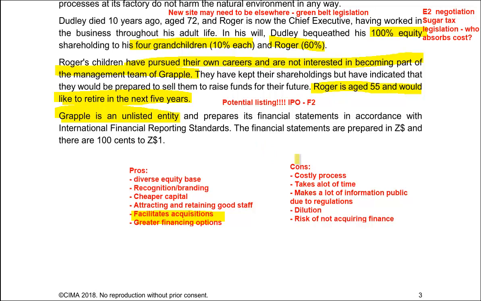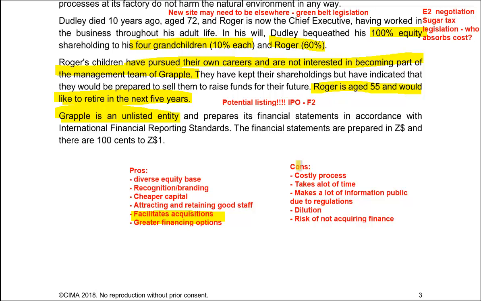It's a costly process, so they'll need some money in the bank to adhere to all the regulations and the costs of legal fees, and maybe some outside accountants to help with the process. It takes a lot of time as well from existing staff, so it might detract from a new project time-wise because staff will have to work on the IPO.